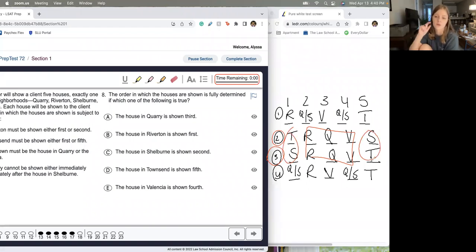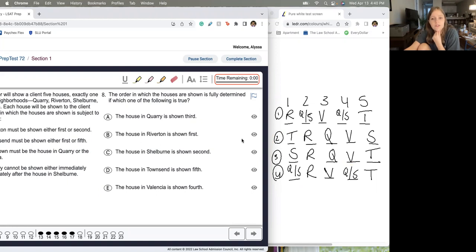We can't determine with 100% certainty if T or S is in that first spot. Even though they're all determined in their own worlds, you can't tell me who's in that first spot because it could be T or S. So it's coming from two worlds. I don't like that answer choice. We're going to cross that off.